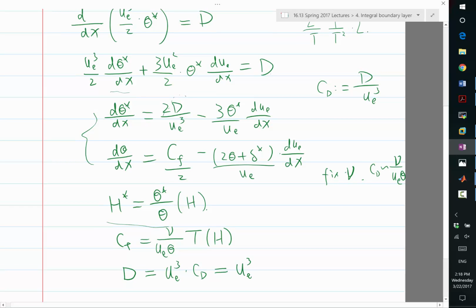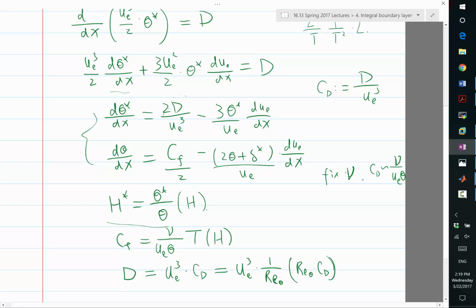So let's say UE cubed times something that scales like 1 over RE theta, the Reynolds number based on theta, times RE theta times CD.